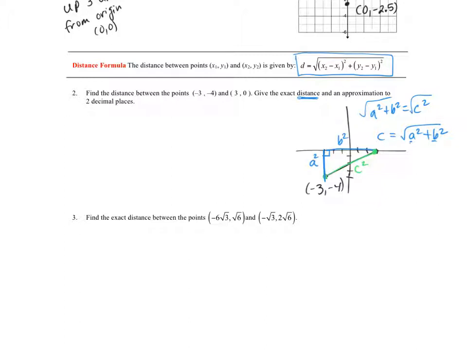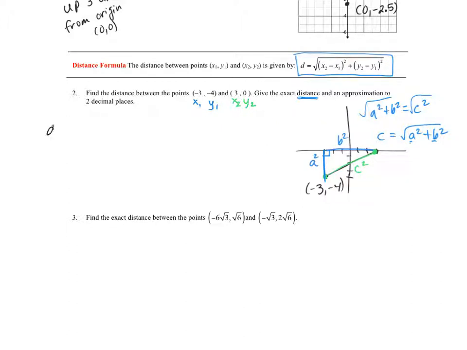So let's look at just how to do this without having to necessarily graph it. Okay, if I'm given 2 points, I have an x and a y from my first point, and then I have an x and a y from my second point. So those little 1s and 2s are just designating which point we're talking about.